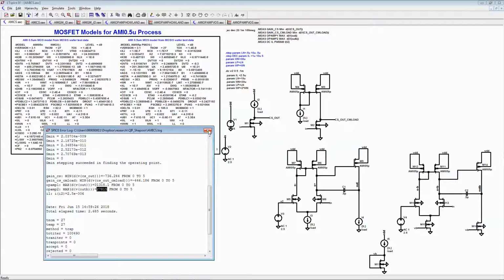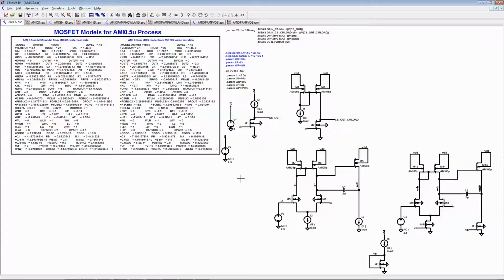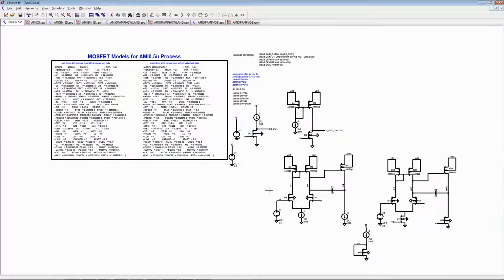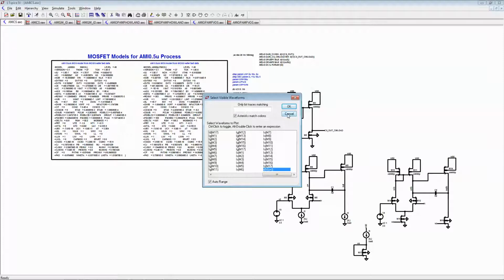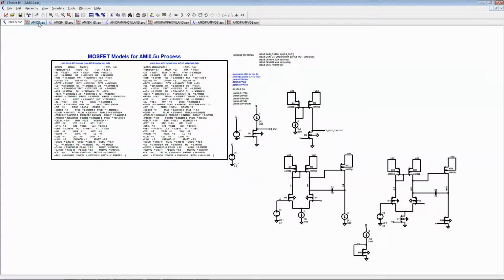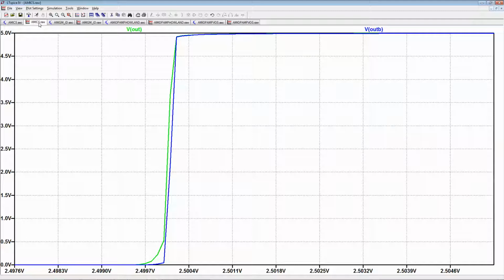Now, that's great sweeping it, but we really don't know what the offset voltage is. And so I'm just going to use these two as an example. Okay.